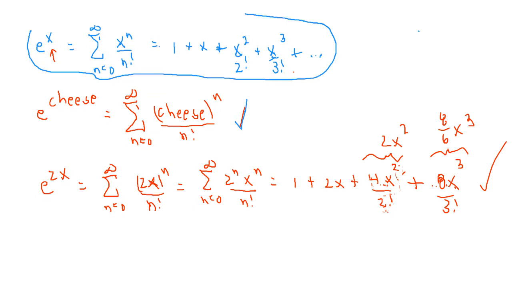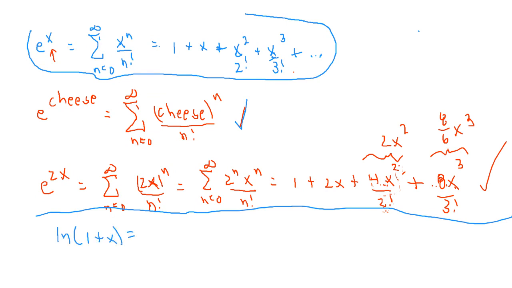Let's do it now for the log of 1 plus x. The natural log of 1 plus x, based on the table from section 8.7, that table with the Maclaurin series in it, equals this summation. And that formula should be familiar from section 8.6.